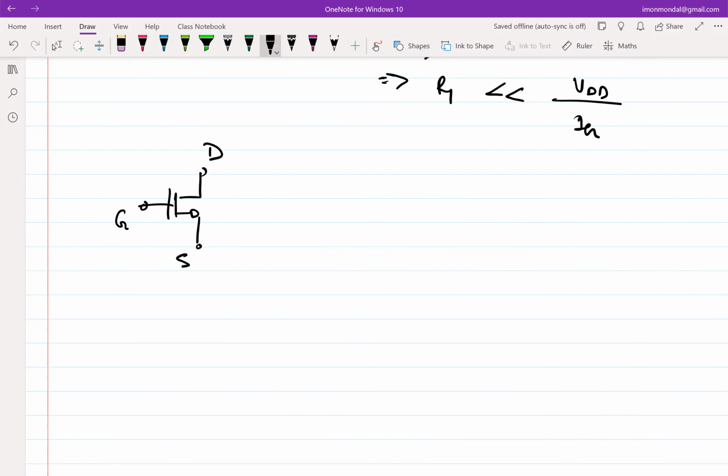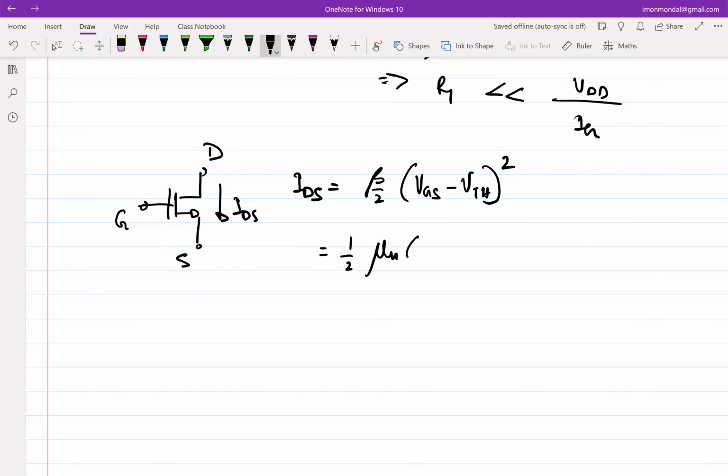The equation that we have been dealing with till now was IDS is beta by 2 times VGS minus threshold voltage whole squared. But we know from our experience in device physics that beta is essentially what? Yeah. So this is mu n C ox W over L.